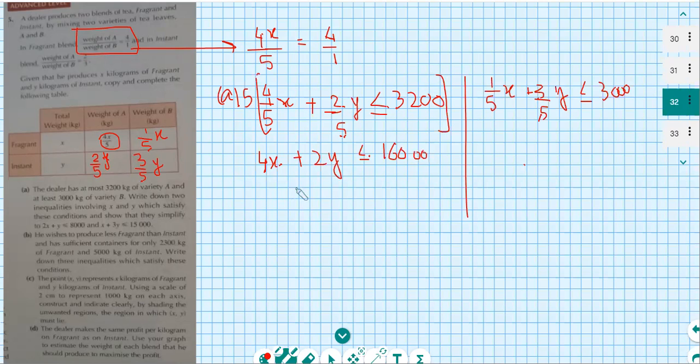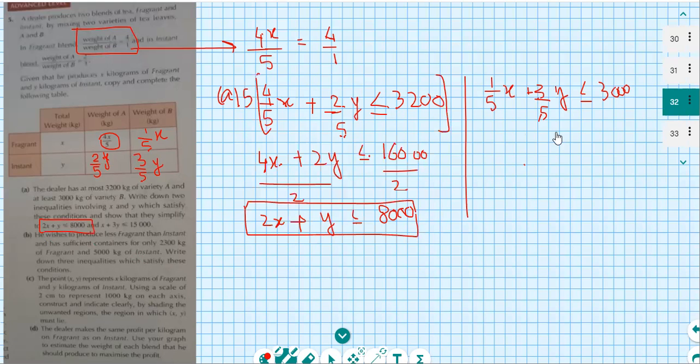Now divide the whole inequality by 2. So we get 2x plus y less than or equal to 8,000. So this is the required first inequality.